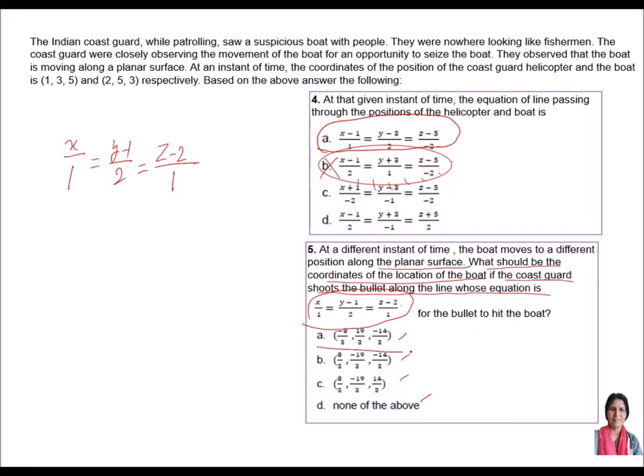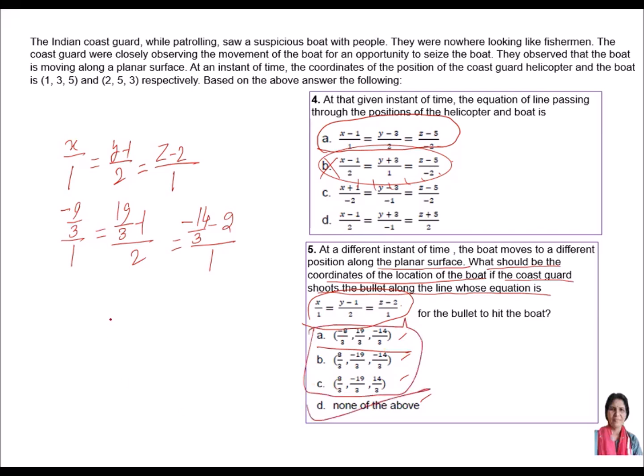You will put all the points in place of your x, y, z. So minus 9 by 3 is equal to 19 by 3 minus 1 by 2 is equal to minus 14 by 3 minus 2 by 1. And you will check which point is satisfying the equation. You will find that none of A, B, C is correct.